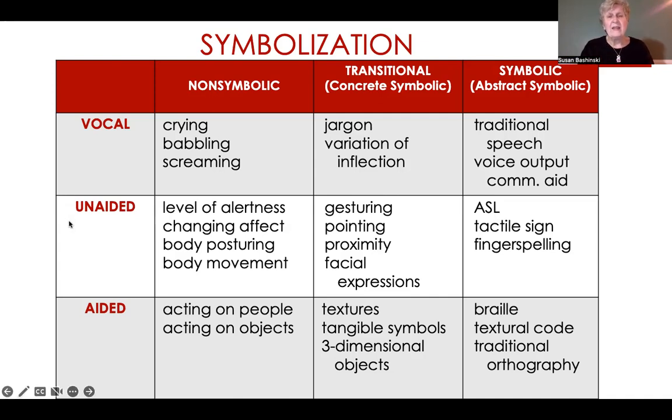It doesn't involve any stuff outside the learner's body. So you know where I'm going. Aided communication forms involve stuff outside the learner's body. And you think, Susan, you're being silly, no, that's true. This is sound, no stuff, just the learner's body, stuff, okay? Acting on people, acting on objects, using textures, tangible symbols, all the way up to Braille, traditional writing, okay? So again, these are just examples. These aren't comprehensive. These aren't exhaustive.